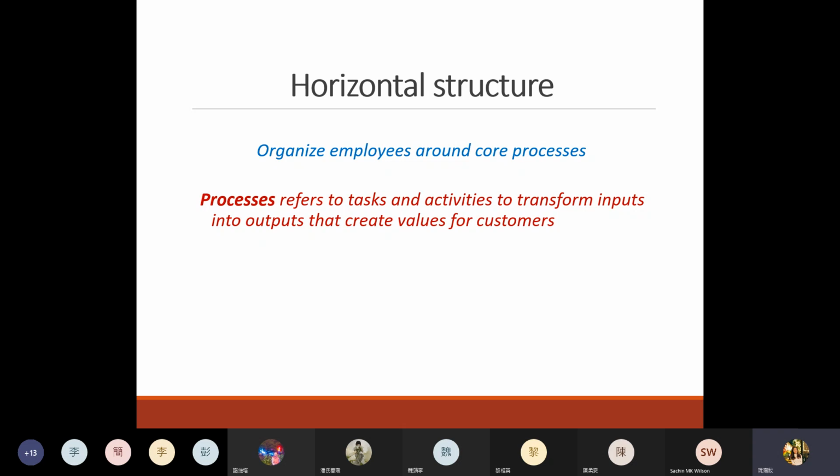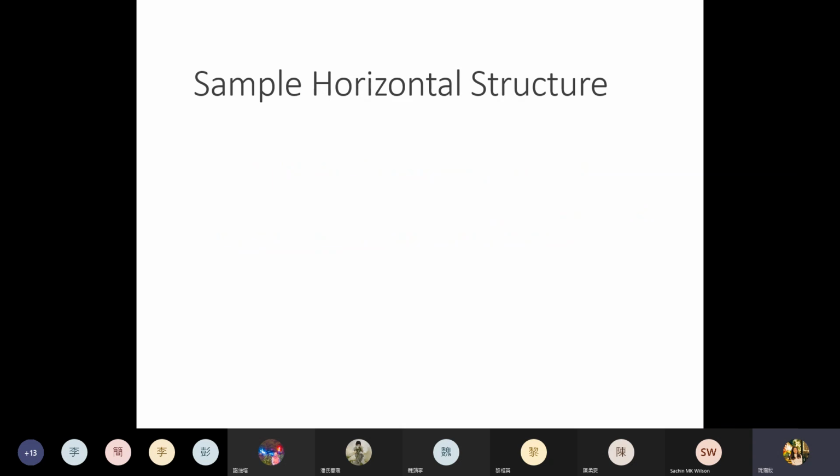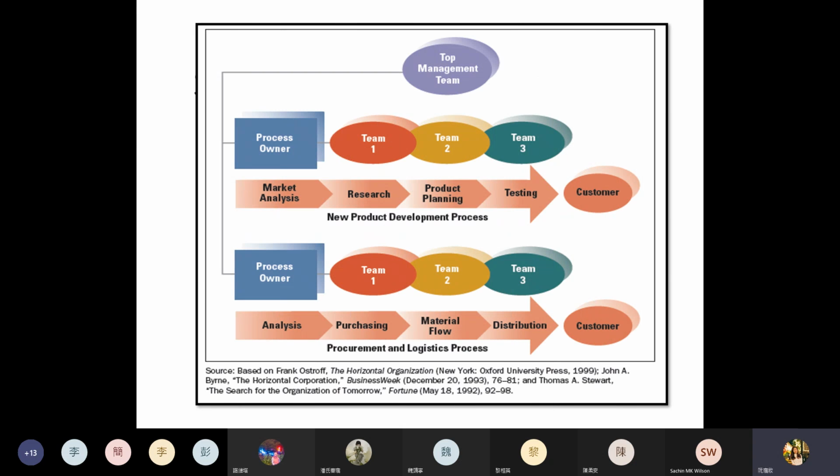Processes here means tasks and activities to transform inputs into outputs that create value for customers. Maybe we'll look at an example for you to imagine it vividly.